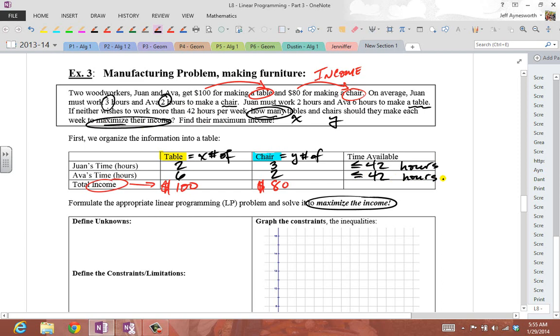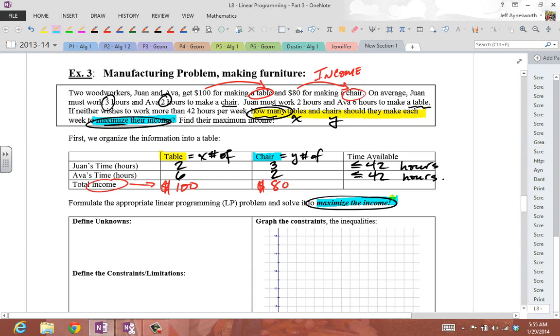Once you get your information in your table, what you want to do is interpret the problem into a system of constraints. But first we have to write the question down. Actually, it's already written down: how many tables and chairs should they make each to maximize their income?